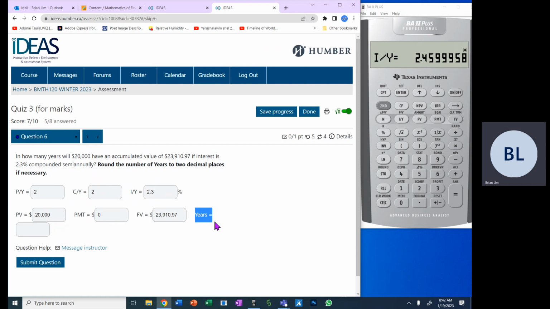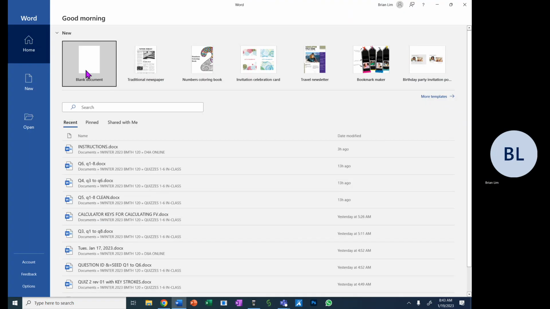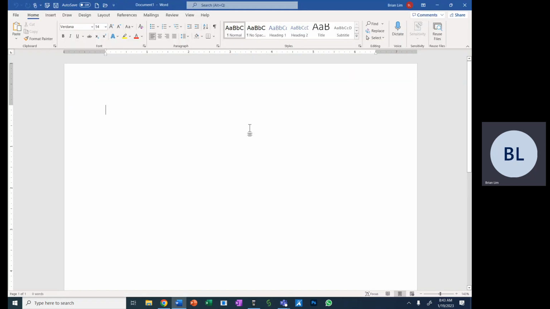compute the years. The years correspond to computing the value for n. Remember, n is the number of years times CY. If we open up the Word document, we can put that in there. That n is equal to the number of years times PY or CY.